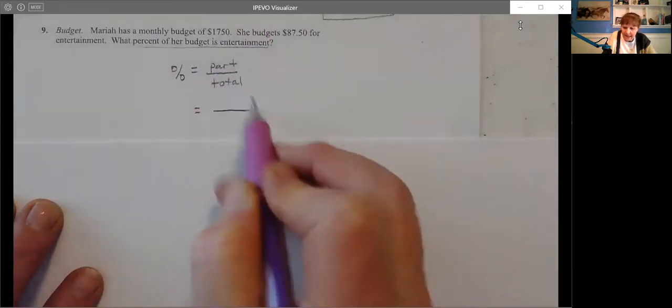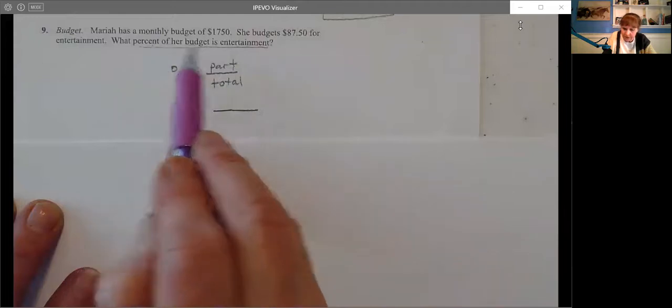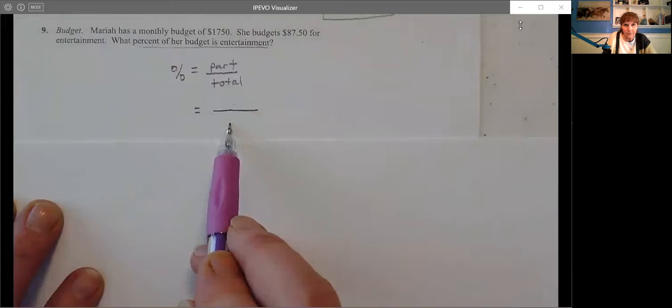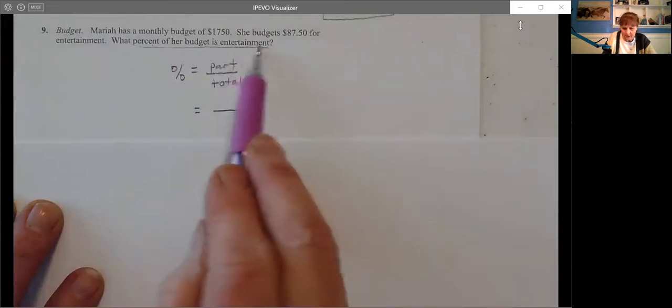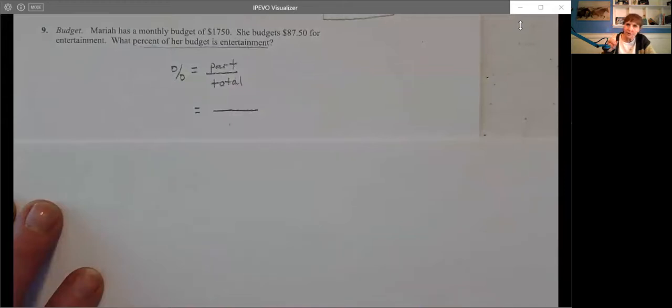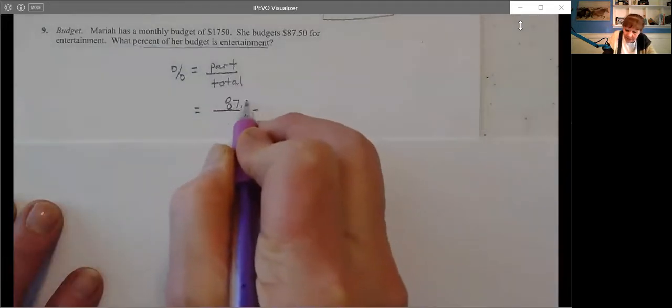So our part has to be how much entertainment. If you want percent of her budget is entertainment, we're going to put how much entertainment on top over the total, since we want the entertainment, which they give to us. We don't have to subtract to find how much entertainment or add up a bunch of things to find the entertainment. They told us the entertainment.